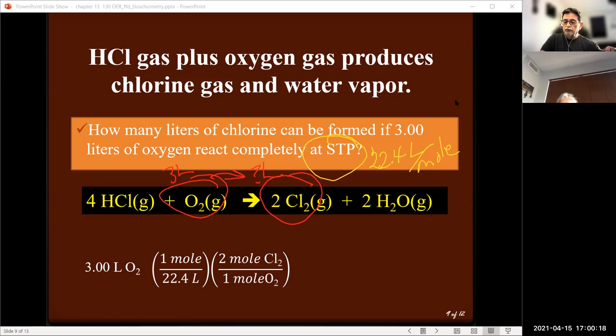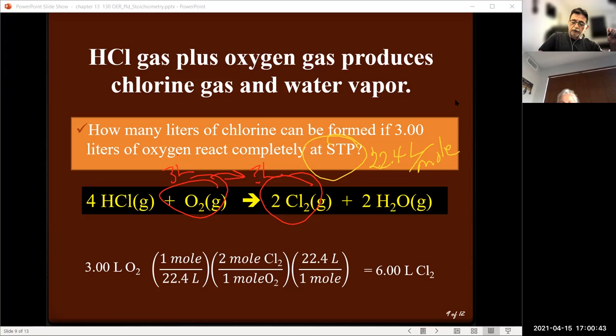So at this point, we are in moles of chlorine. Being in moles of chlorine and at STP, we put that conversion factor back, and that kicks us back to liters of chlorine. Okay. And that ends up to be 6.00 liters of chlorine.